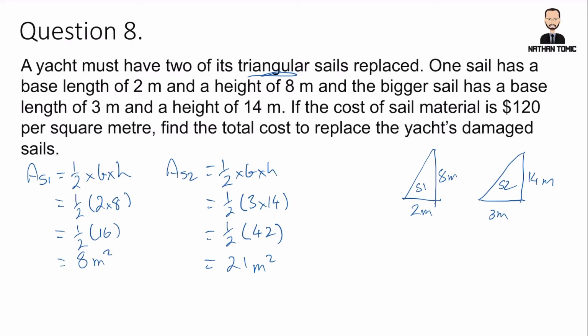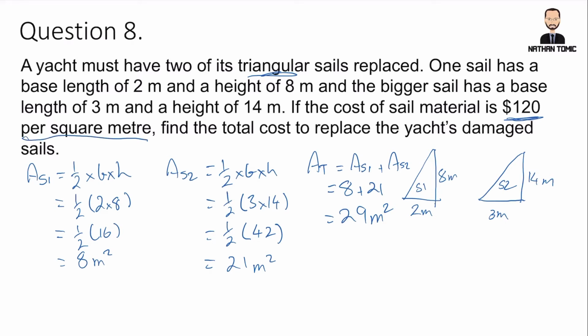So the total area is equal to the area of sail 1 plus the area of sail 2, which of course is 8 plus 21, which is 29 meters squared. We're still talking about area here though. It then tells us that the cost of the material is $120 per square meter.